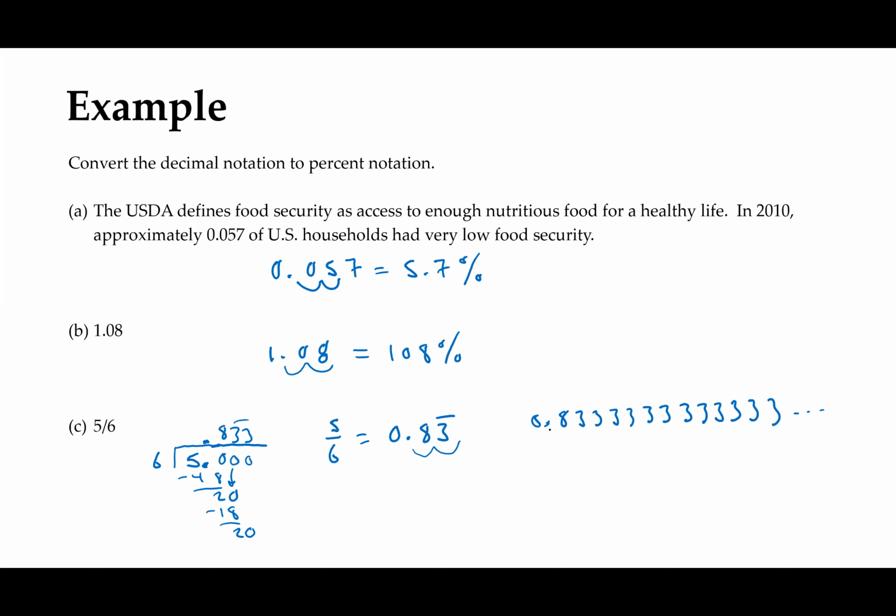So if I move this over 2 places, I still have infinitely many 3's going, right? And so this is 83.3 bar percent. Or you might recognize 0.3 bar as 1/3. Either way.